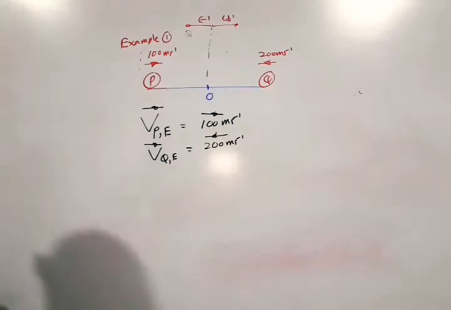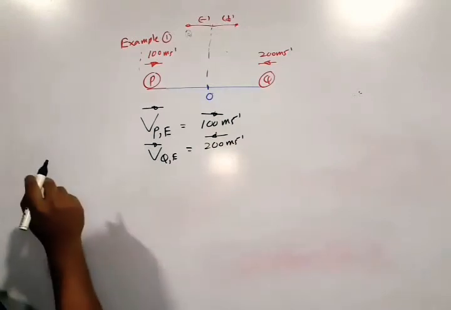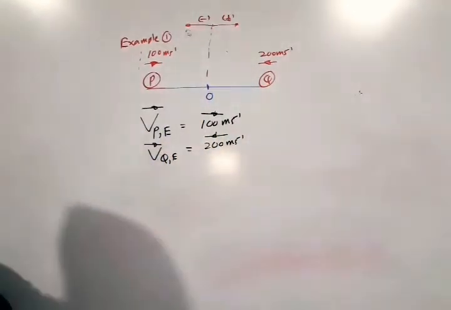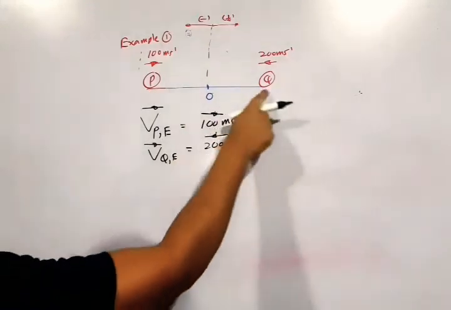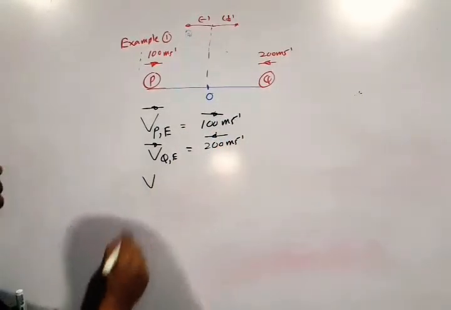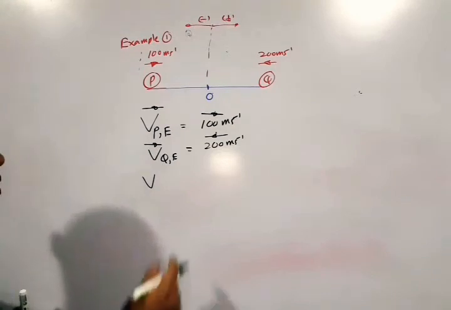Right. So you are asked to find how fast Q is with respect to P, or how fast P is with respect to Q. We can find it using the equations of relative velocity.